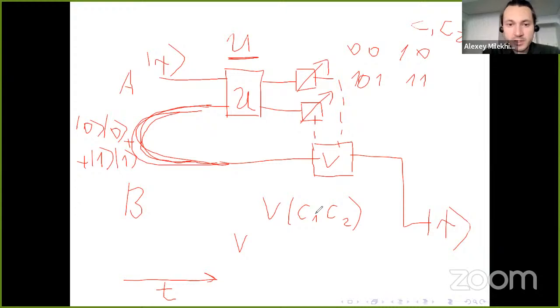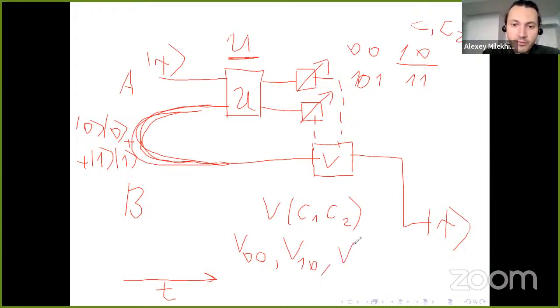Then she will send 0, 0 to Bob, and Bob will apply the 2 by 2 matrix which I call V 0, 0. If she measured 1, 0, she will send 1, 0, and Bob will apply another 2 by 2 matrix, and so on.